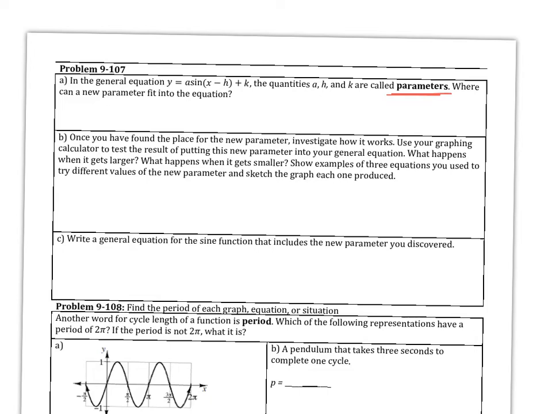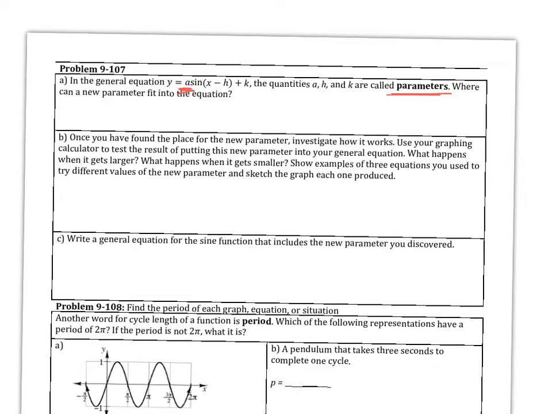One question we want to think about is where can a new parameter be introduced in here that would stretch out or compress this function horizontally. So we already know that this a value stretches the sine graph vertically. How could we change this by adding a number somewhere that would change it horizontally?